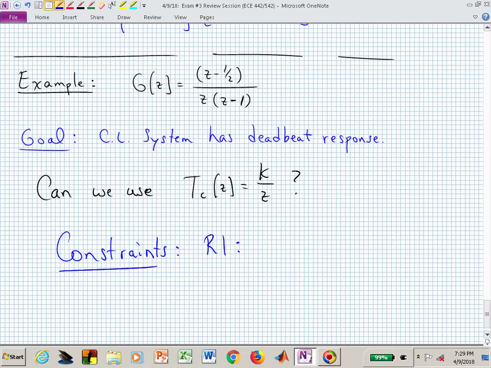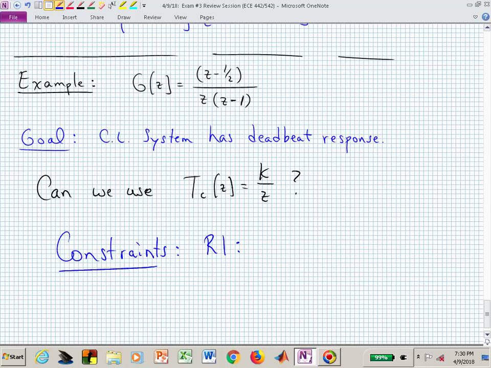Does it satisfy restriction 1, this T sub C of Z? What is restriction 1? Causality, which really means relative to T sub C of Z, what do we need T sub C of Z to possess relative to the plant?